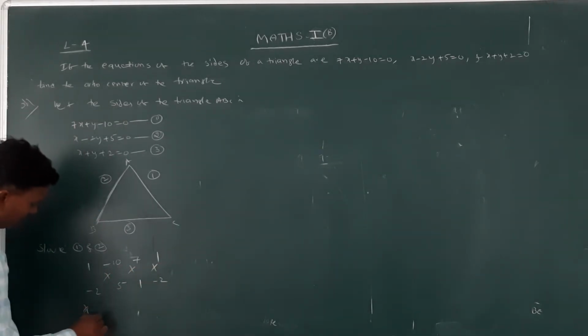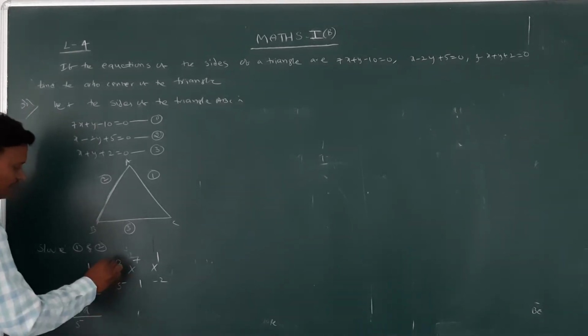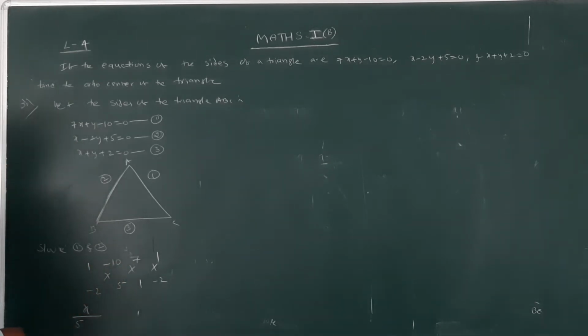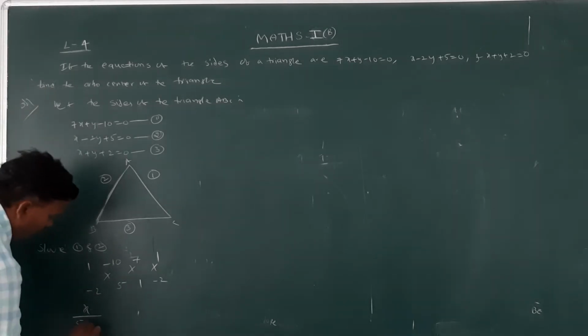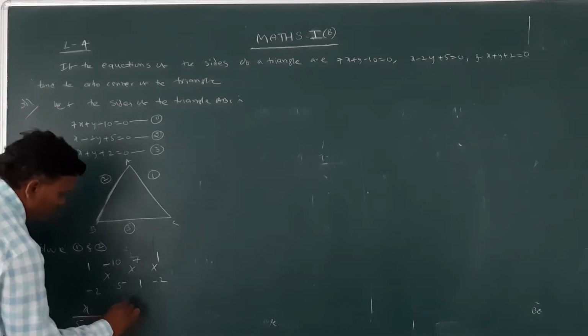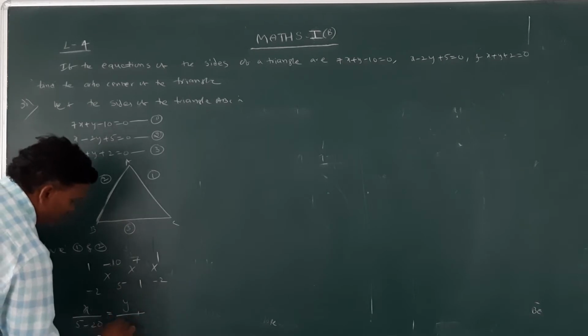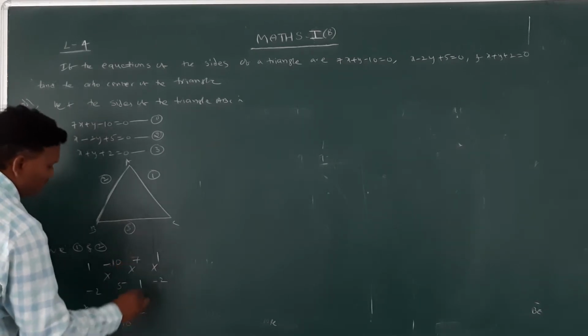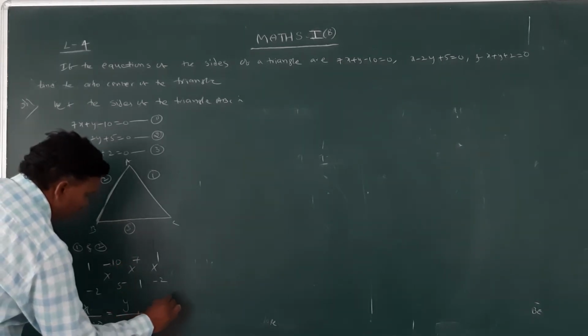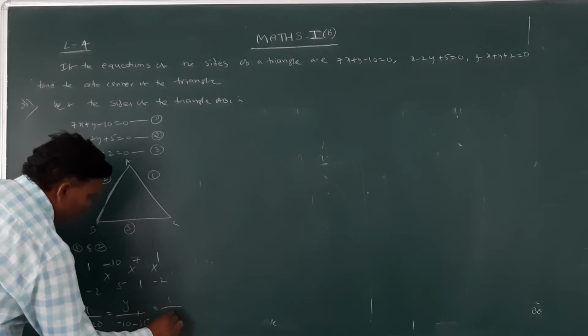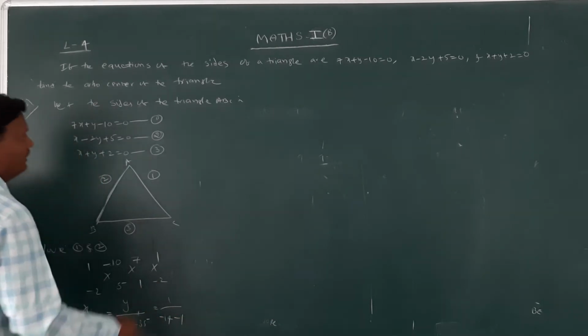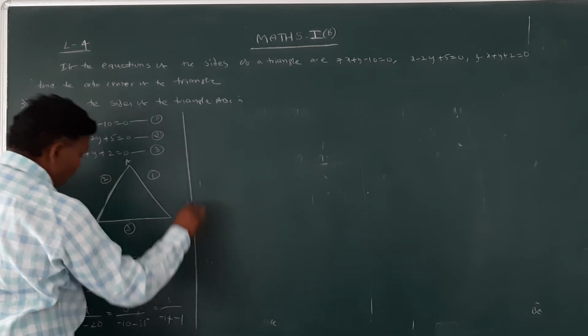Using the cross-multiplication formula: x by 1 into 5, minus 2 into minus 10, minus 20, is equal to y by minus 10 into 1 minus 7 into 5, is equal to 1 by minus 14 minus 1.